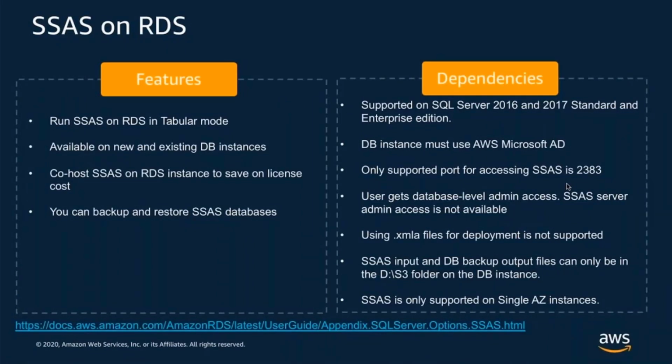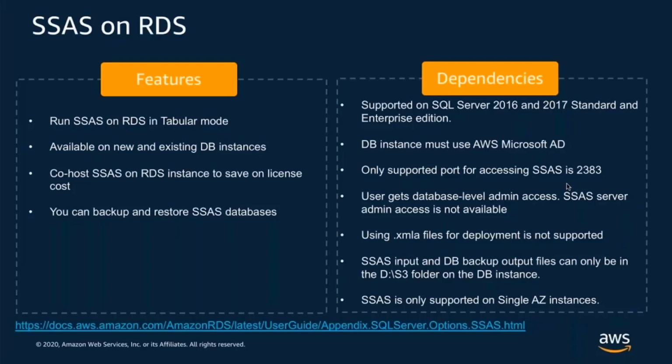Amazon RDS for SQL Server supports running SQL Server Analysis Services in tabular mode. You can enable SSAS on existing or new database instances. It is supported on SQL Server 2016 and 2017 Standard and Enterprise editions. The database instance should have joined AWS Managed Microsoft AD.